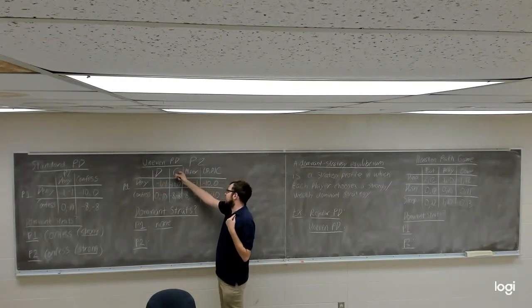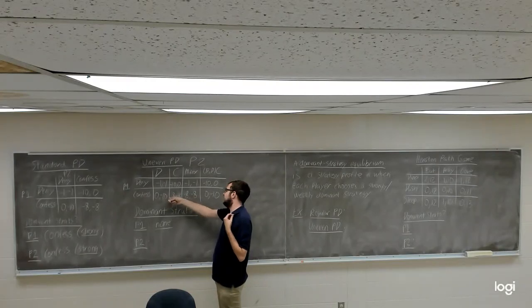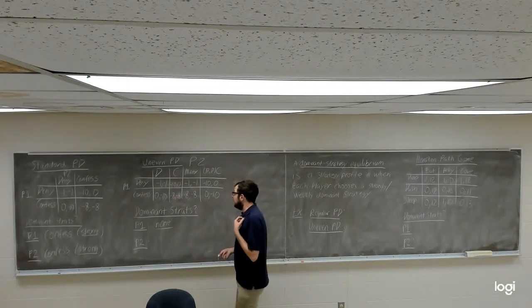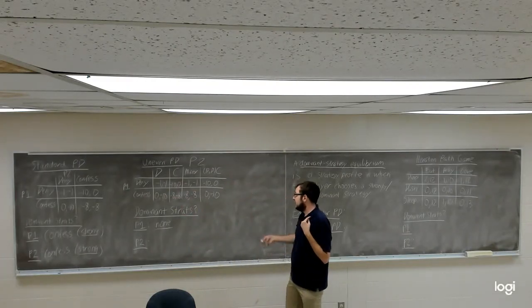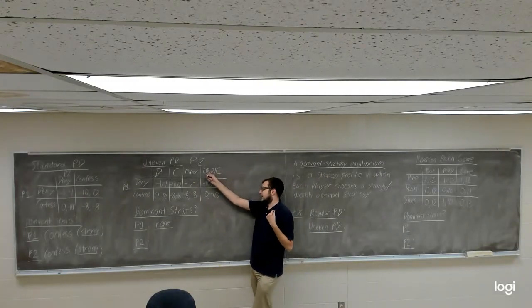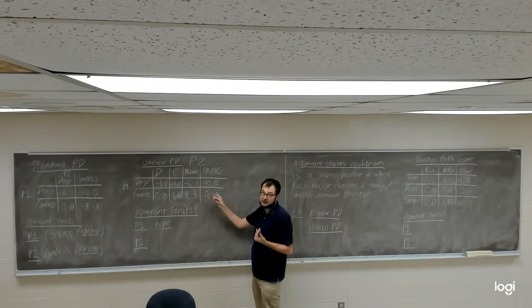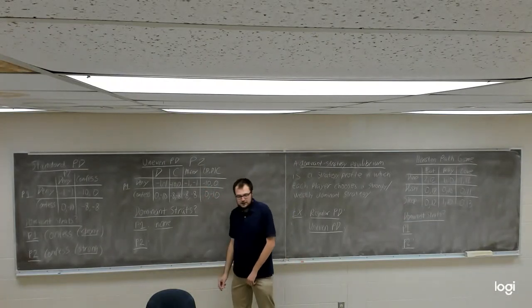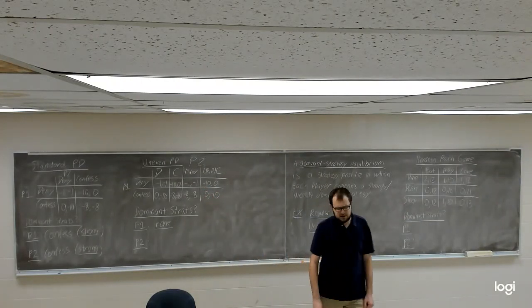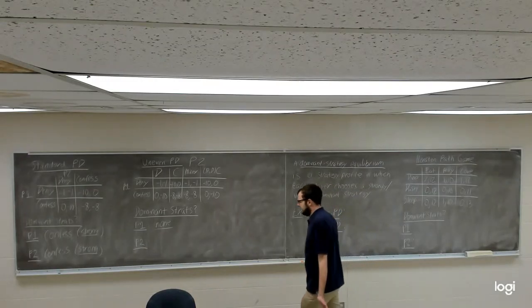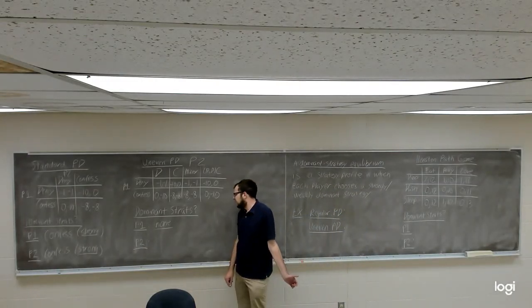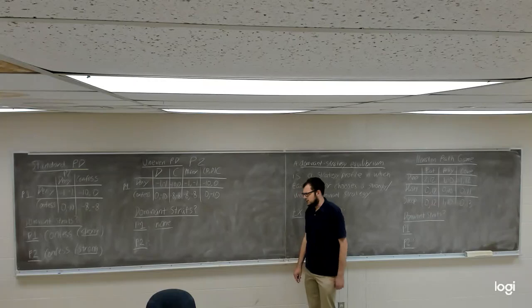If player 2 is always confessing, player 1 can get -8 as opposed to -10 for denying. And if player 2 is doing the anti-mirror strategy, player 1 can get a payoff of 0 as opposed to -10 by choosing confess instead of deny. So player 1, prisoner 1, has no dominant strategies in the uneven prisoner's dilemma.